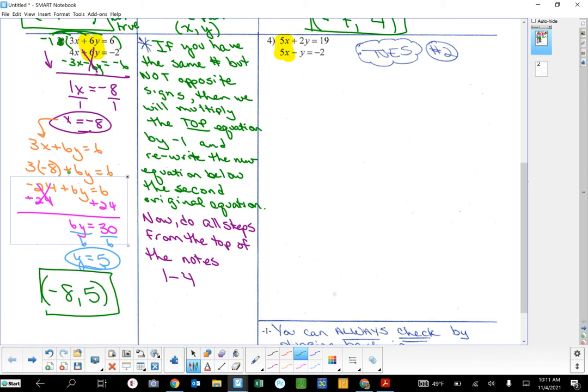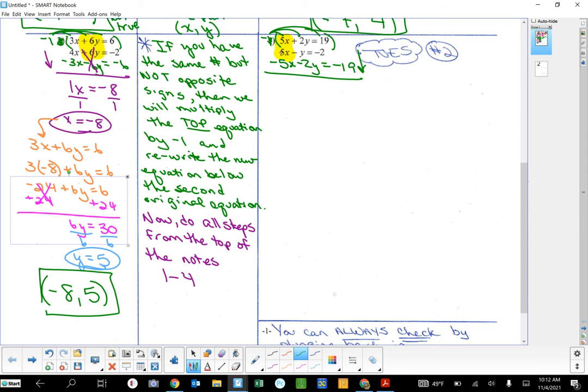Okay, so let's do that again over here on the right-hand side. We're going to take the first equation, again, get rid of the number here that we don't really need, and multiply times a -1. So we're going to distribute that to all of these and then write it underneath this first one. So -5x minus 2y equals -19. Draw a line, and we're going to add down.